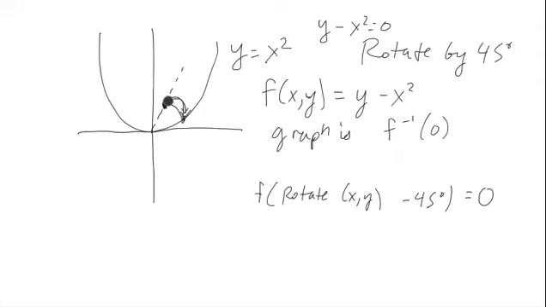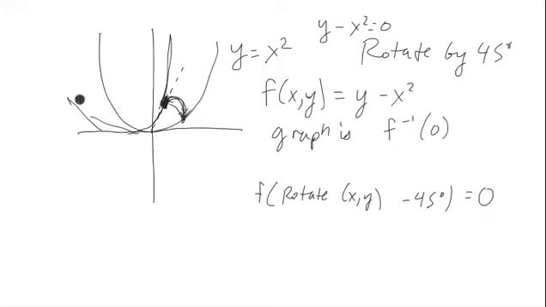So if we make a function that says take a point on the plane, an x value with a y value associated with it, on a point over here, and then rotate it 45 degrees back the other way, and if it lands on the original curve, then we want to include this point in the graph of the rotated figure.